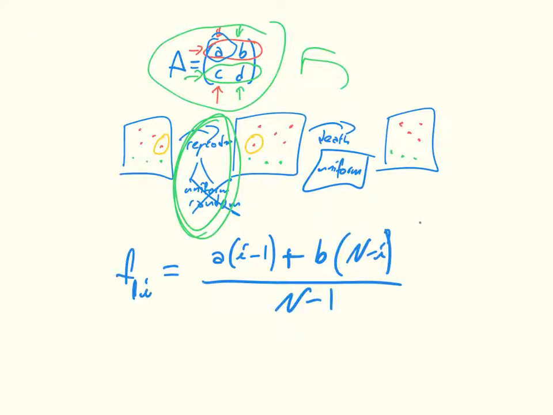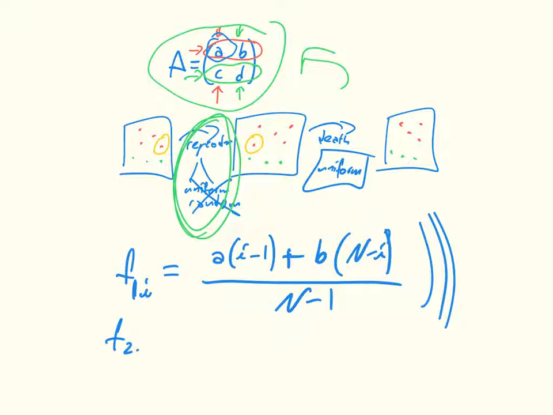So this is in fact a probability, and actually it's a mean fitness across the population. So it's an average fitness where the probability of getting A is I minus 1 over n minus 1, because there are I minus 1 other individuals of the first type. And then similarly, there are n minus I individuals of the second type.